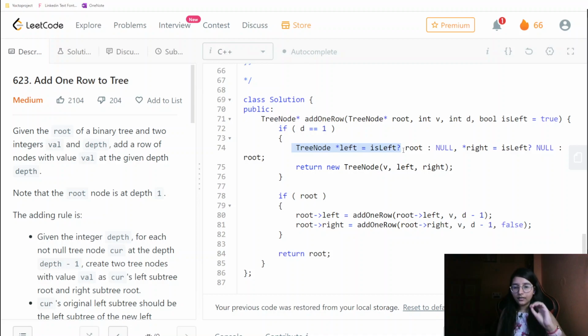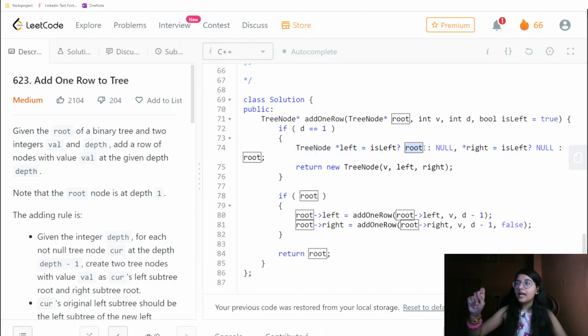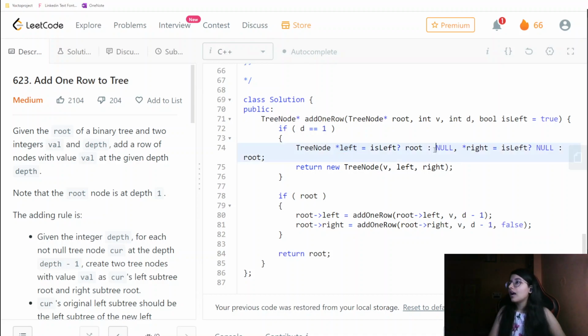So for that our isLeft should be true, if it is coming from the left subtree. So if isLeft is true, then our left will become the root. That means the new node we take will have the old root as its left subtree. And if that is not the criteria, then it will be null.